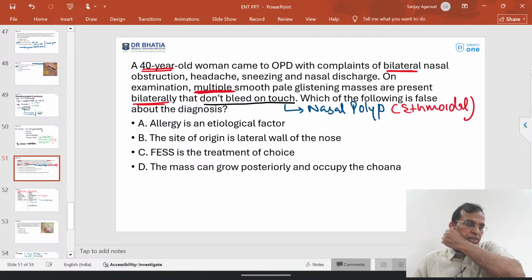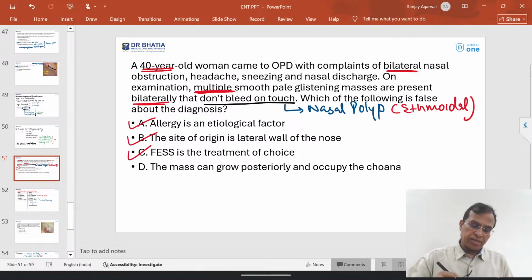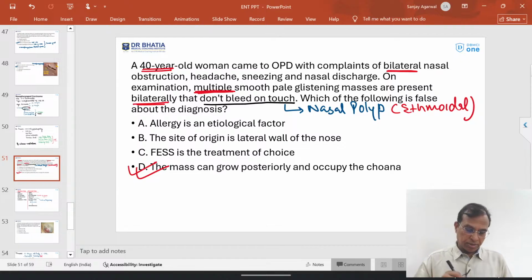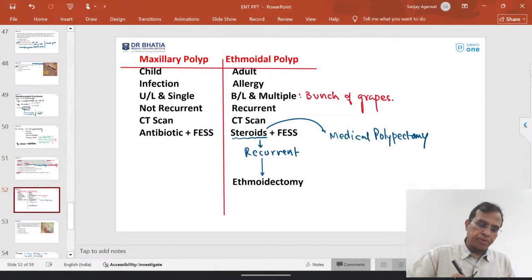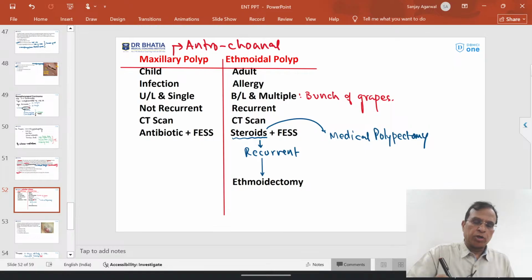Okay. Ethmoidal polyp arises from the ethmoid, which is lateral wall of the nose. Allergy you already know is a cause and FES is done. ये भी सही है, ये भी सही है, ये भी सही है. तो D is the correct answer. See, maxillary polyp is also called antrochoanal polyp.